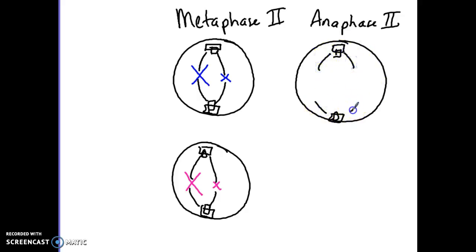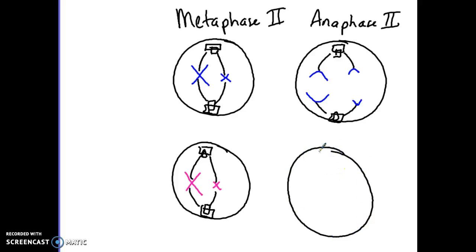The sister chromatids that make up the replicated chromosomes would pull apart. So the larger sister chromatids would be there, the smaller. Now they're called non-replicated chromosomes. So this is one non-replicated chromosome. There's another non-replicated chromosome. Down here, the other cell, which was made at the end of meiosis 1, is now going to pull apart these chromosomes.